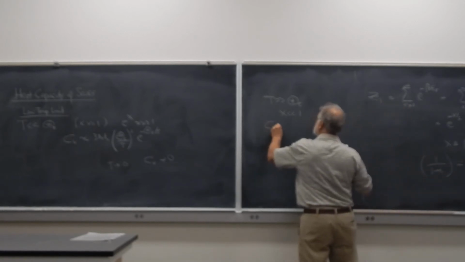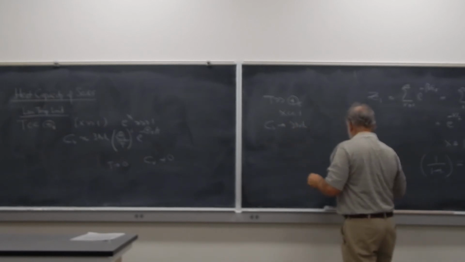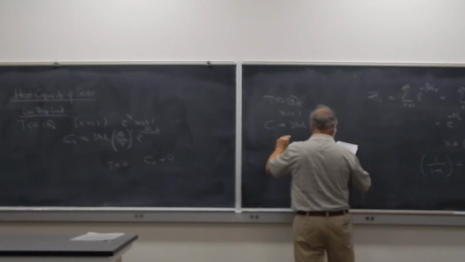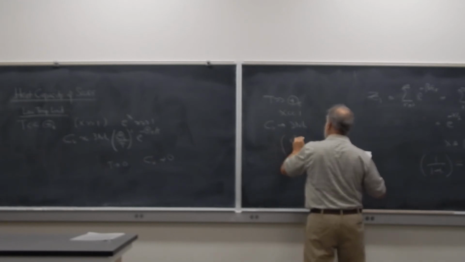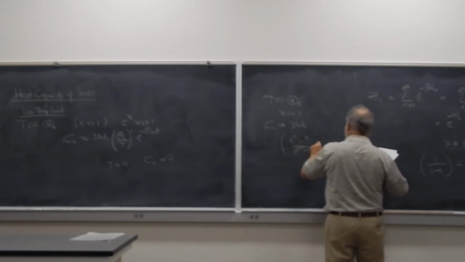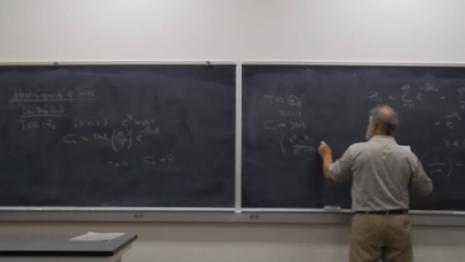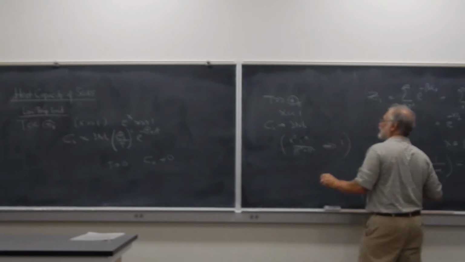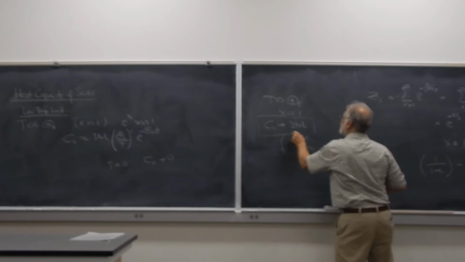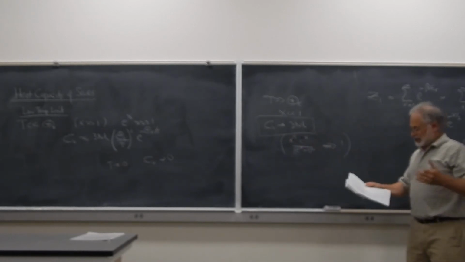So in other words, CV will approach 3Nk. And you can see this fairly readily because look at, we have x squared e to the x divided by e to the x minus 1 quantity squared. At high temperatures, I can expand the e to the x, and of course, that's going to turn out to be 1, and therefore, I will recover the law of Dulong and Petit at high temperatures, room temperature or above.